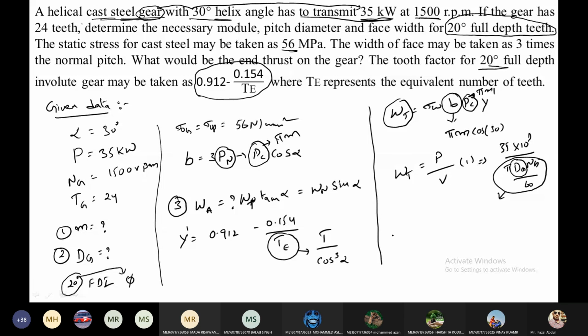We can write module is equal to dg by tg, so dg equal module into tg, 24. So here 35 by pi into 24 m into speed 1500 rpm by 60. Tell me the Wt value in terms of module. Do it fast, Babu.